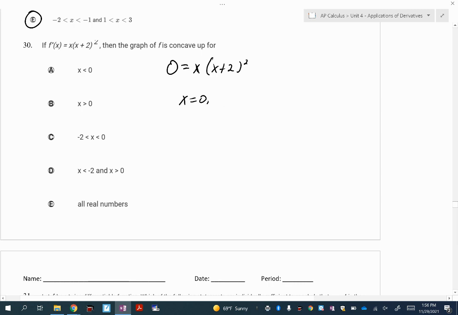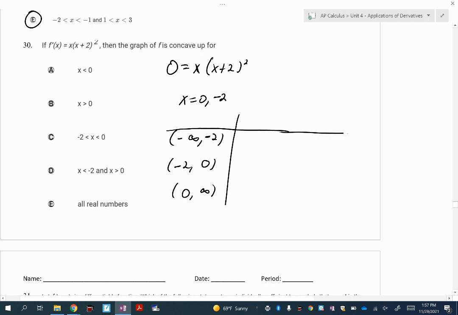One of the critical points is 0, and the other is -2. So I'm going to do my analysis for my intervals here: negative infinity to -2, -2 to 0, and 0 to infinity. Do my sign of, this time, the second derivative.